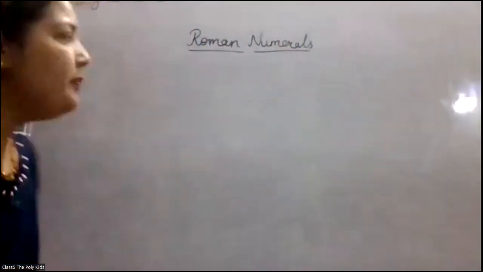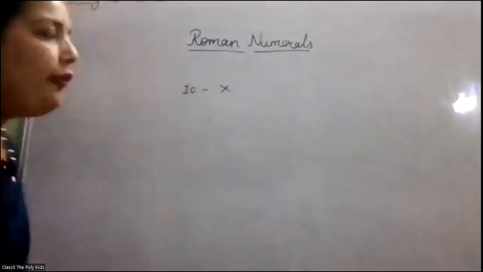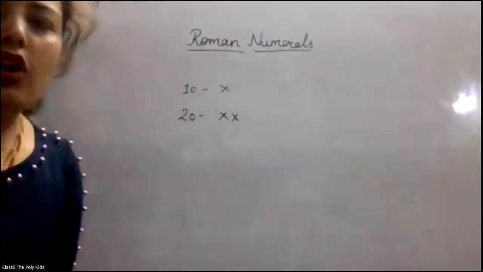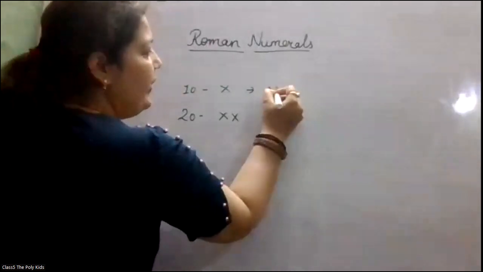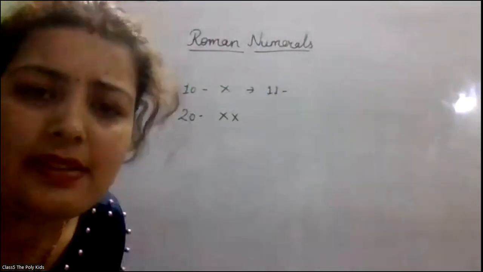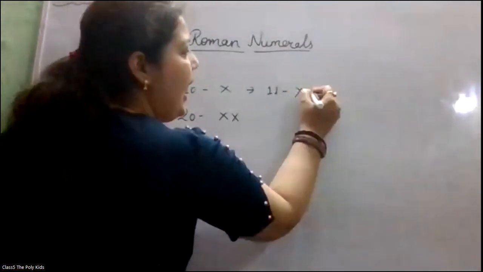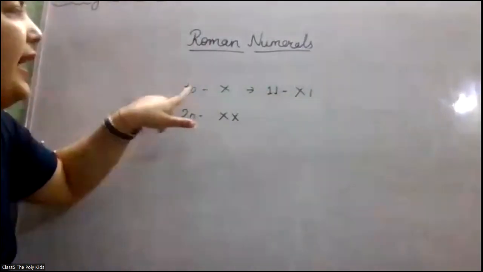So after it, for 10 it is X, right? For 20, it is XX. So between these two numbers, if I want to write 11, what is it? Ma'am, XI. X and I. Because X means 10, 10 plus 1.